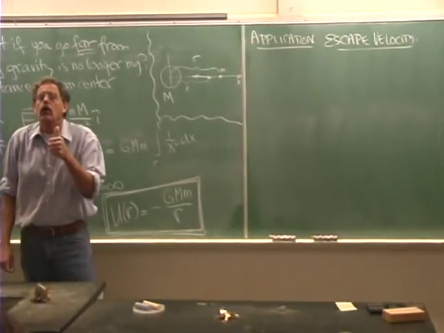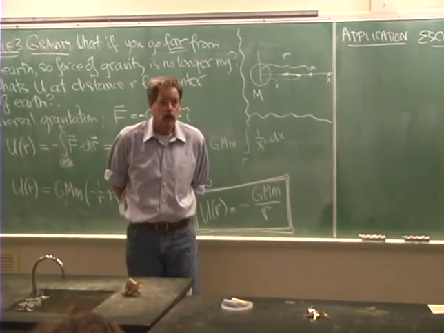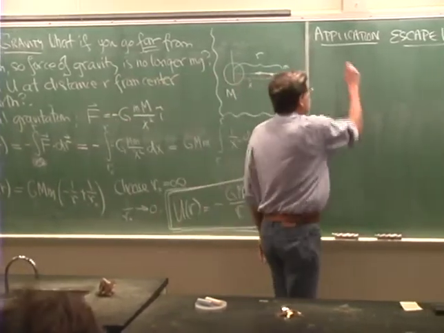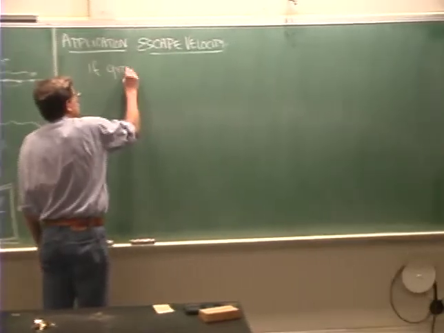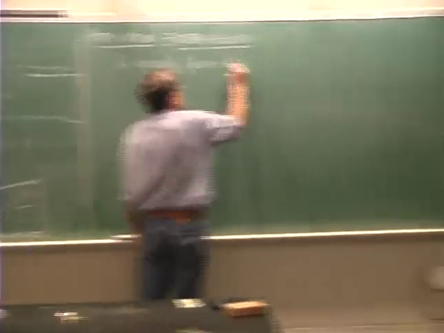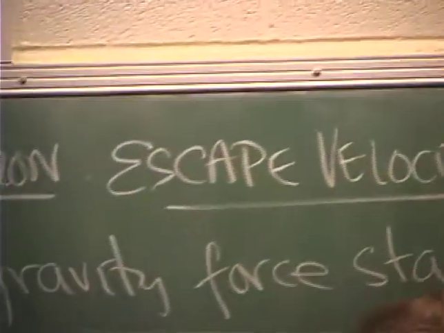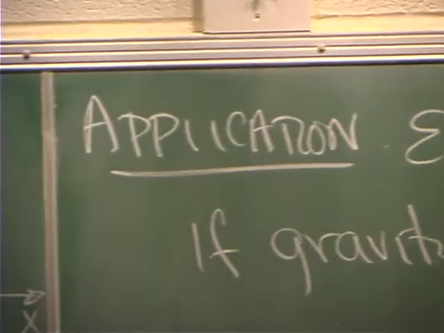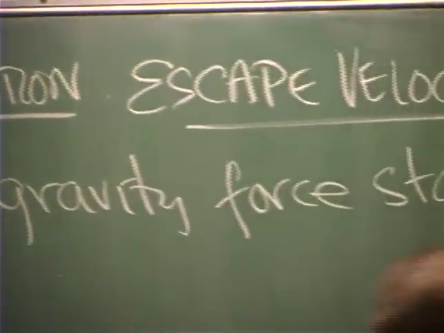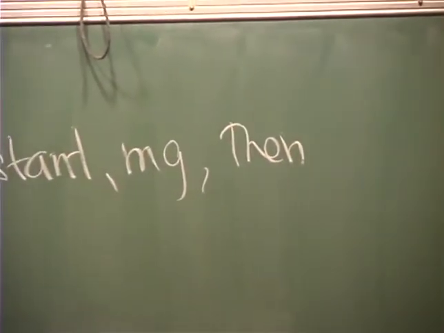Well, if the force of gravity stayed constant at the value mg, then no matter how hard you throw that rock, it's always going to come back. In fact, we know how high it would rise. This is a problem we've done often before.